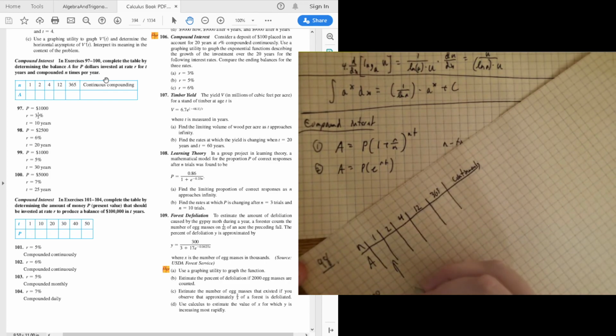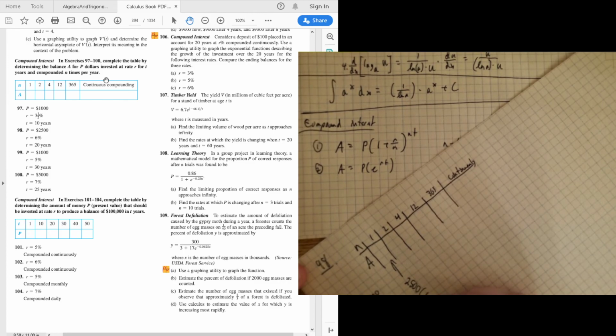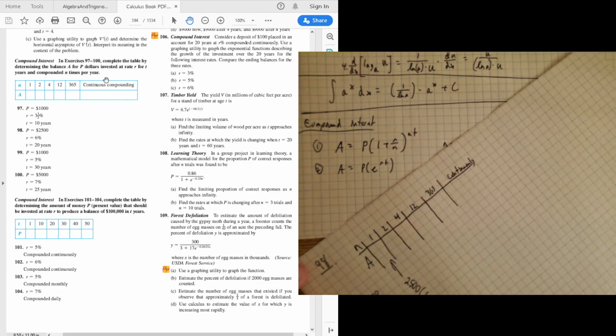For this first one, we have P is 2,500 times 1 plus my r, which is 0.06, over the number, which in this case is 1, to the n, which is our number, which is 1, times t, which is 20. Whatever number this is, it goes in that first box.